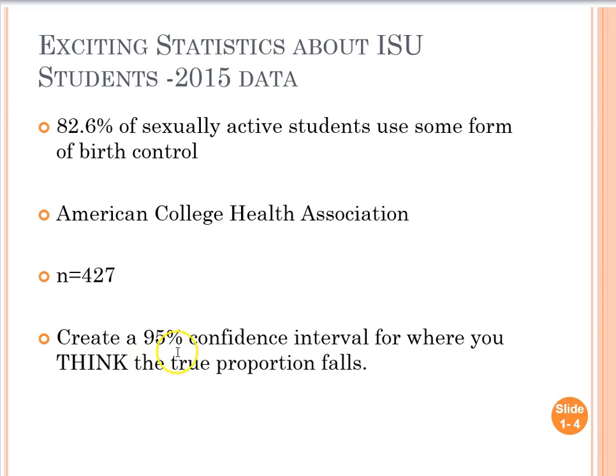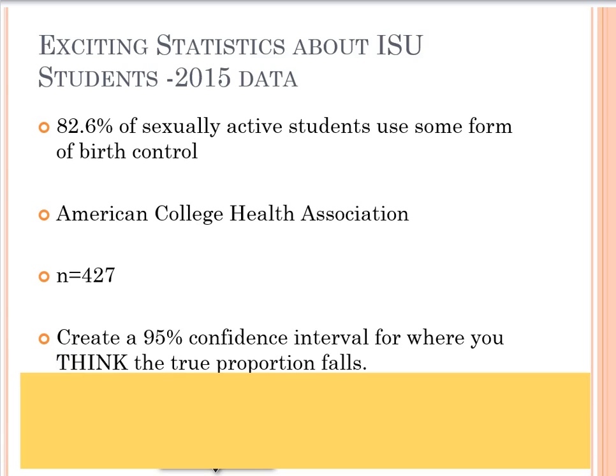So we're going to create a confidence interval assuming the normal model. Remember that with the normal model, 68% of samples should fall within one standard deviation, and 95% of samples should fall within two standard deviations of the true proportion. So we're going to use that idea to construct our confidence interval.